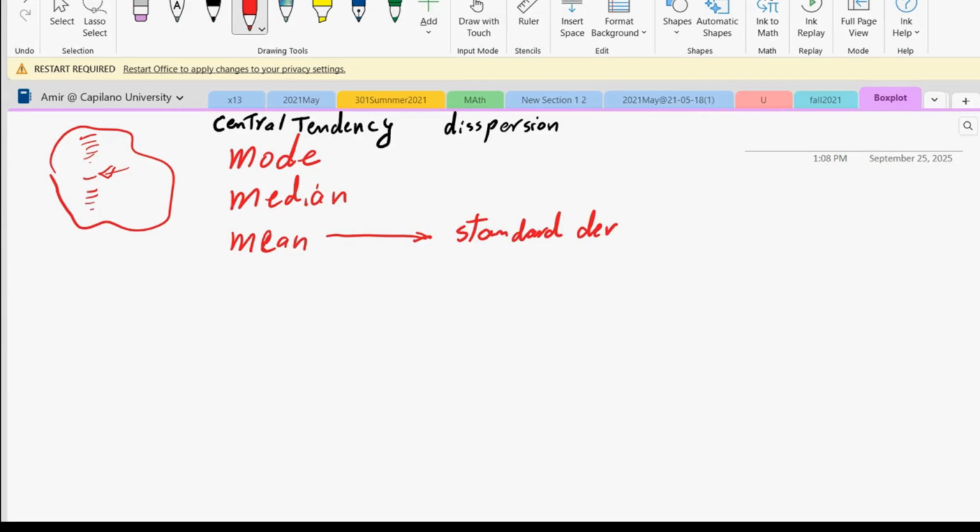Now, the next thing we want to learn is how we can describe the dispersion or variation of our data if we are reporting the median. But before that, tell me, why would we like to report the median instead of the mean?